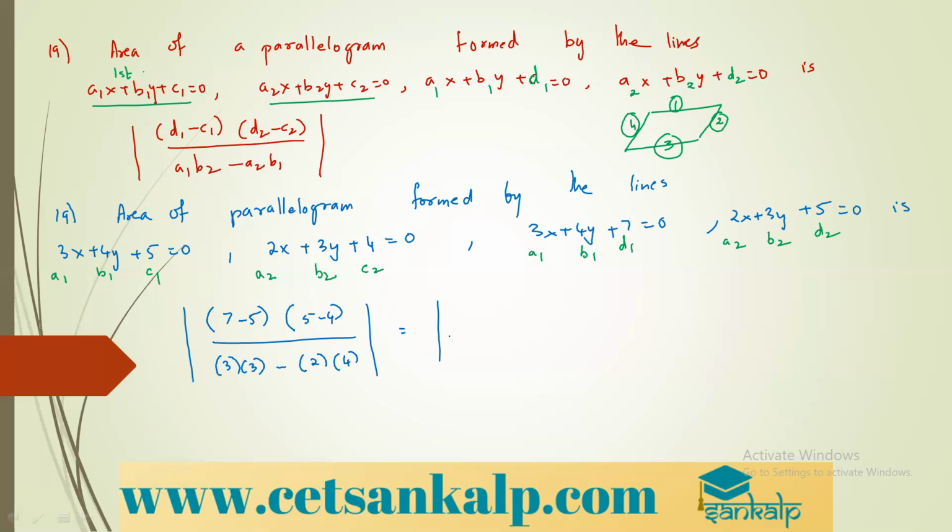So I have absolute value of 2 into 1, that is 2, by 9 minus 8, that is 1... so area will be 2 square units. This formula I can use easily.